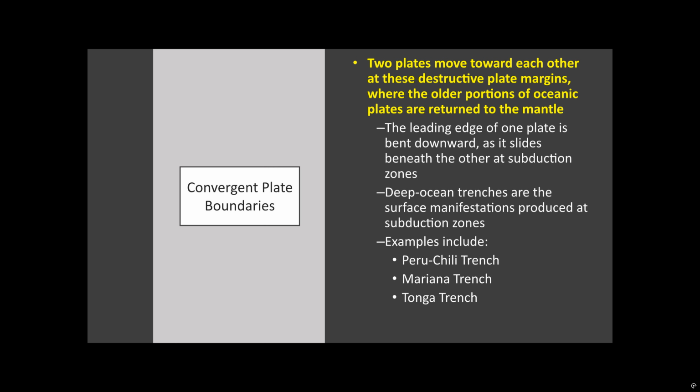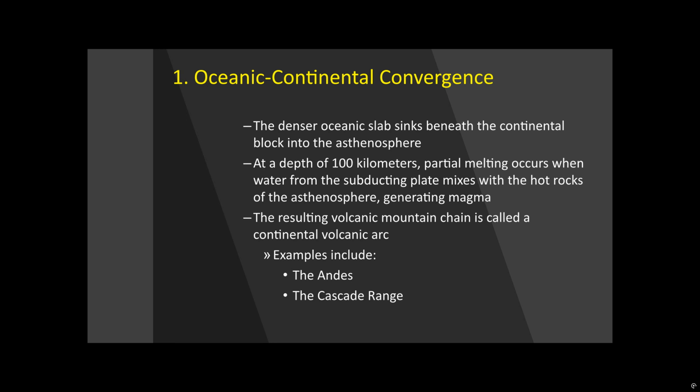It has been soaking up water and collecting sediment, plus oceanic crust has a lot of iron and magnesium. So it's denser than continental crust, which is lighter and floats on the surface, if you will.